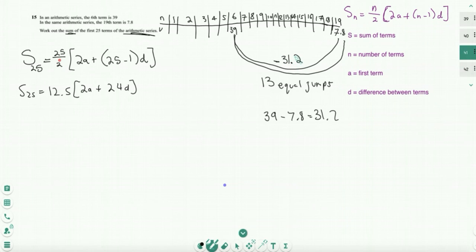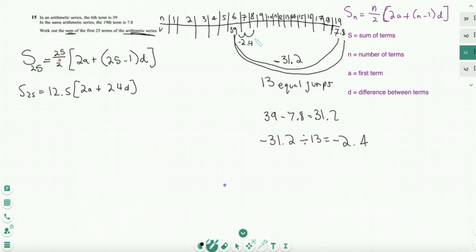So what we can do is split negative 31.2 into 13 equal jumps. So we do negative 31.2 divided by 13, which is negative 2.4. So we know each jump is minus 2.4.